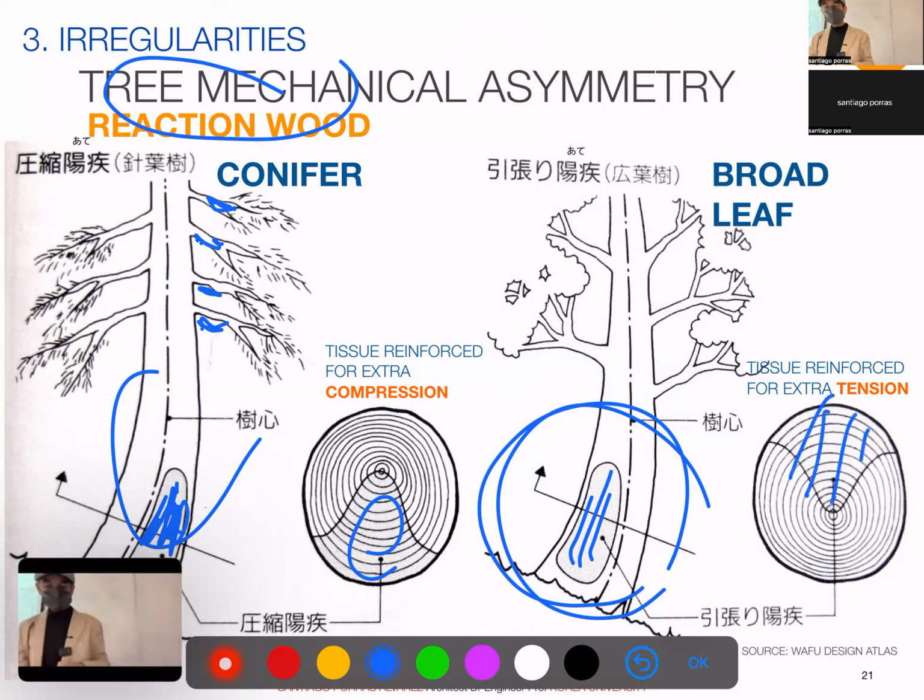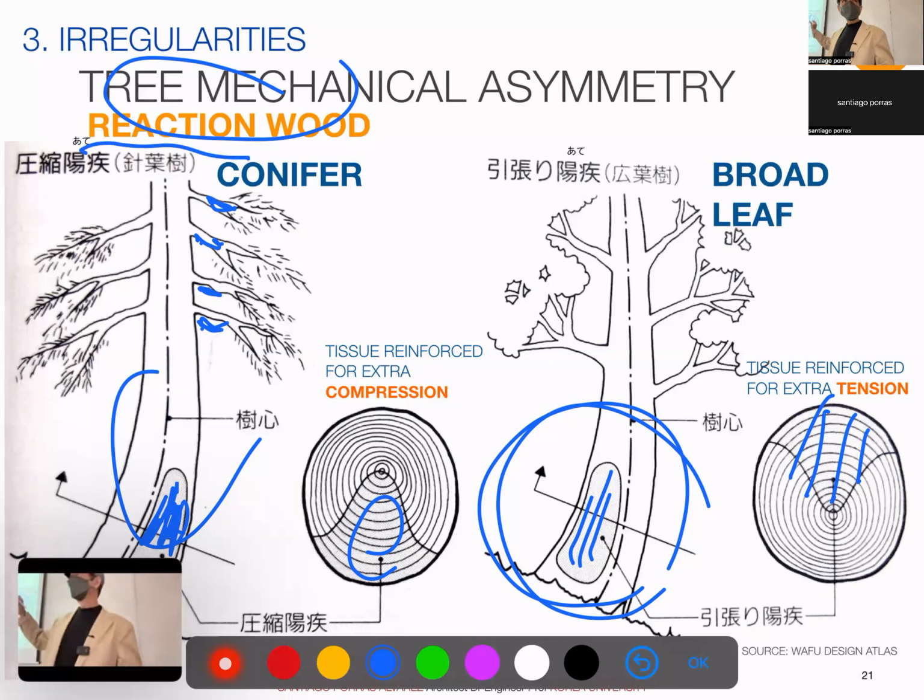And also the color difference is not so big, but it's an area which is really hard to cut. It's like an anti-theft timber, right? It's many fibers, so it's hard to work, and we try to avoid it also. This is what we call reaction wood.